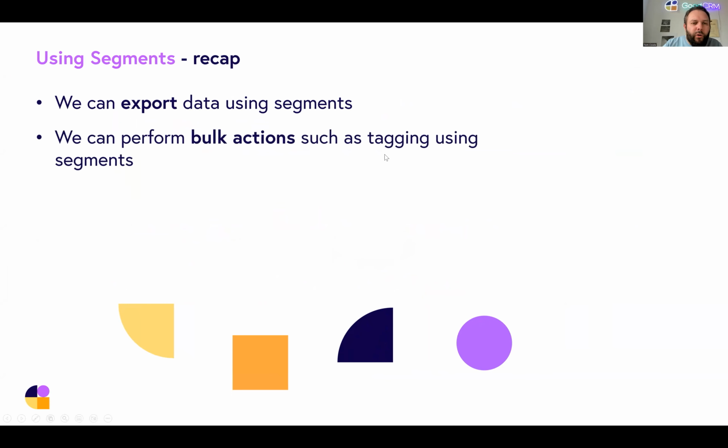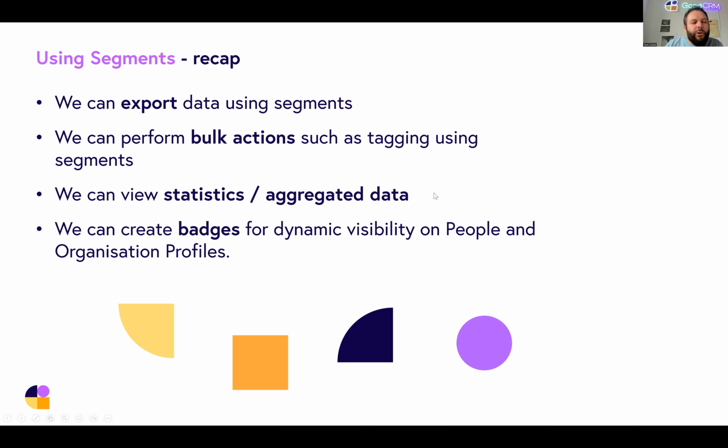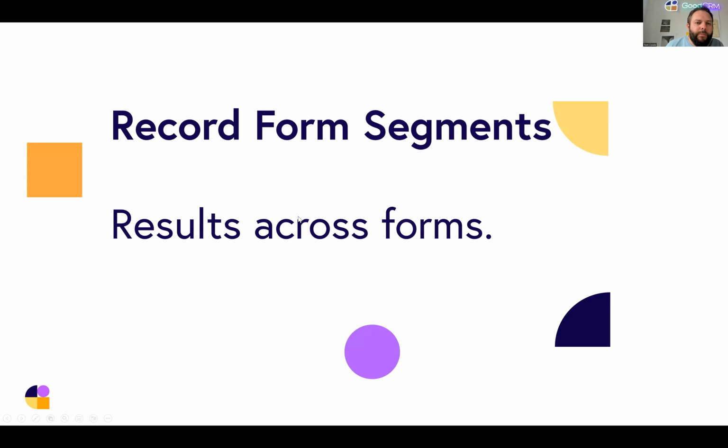We can perform bulk actions such as tagging, adding people to events as participants, that kind of thing. We can view the statistics or aggregated data based on a group of people or events or whatever that data might be. And we can create those badges for that dynamic visibility. And badges are supported both for people and organizations, so it will show up on their profiles.